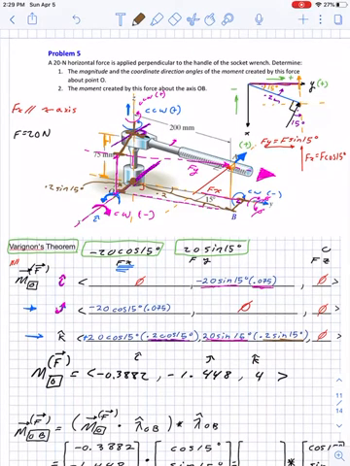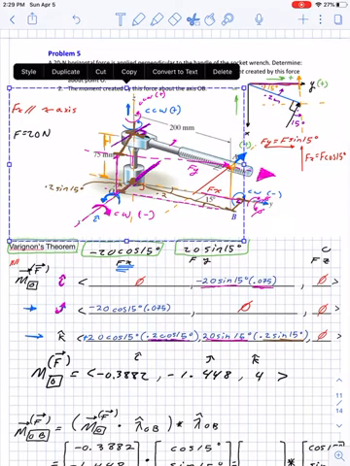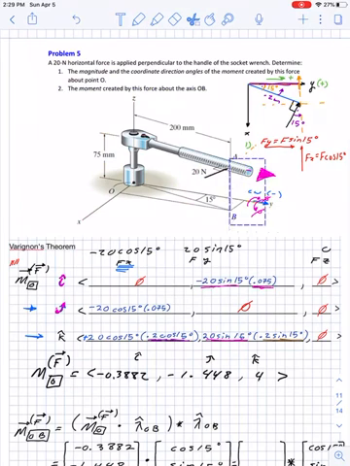Now we've completed f of x, f of y, and we notice that this force F is on the plane. Let's just delete all this stuff that we got here.